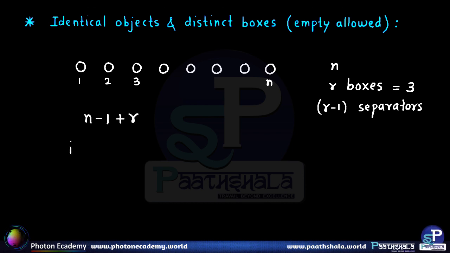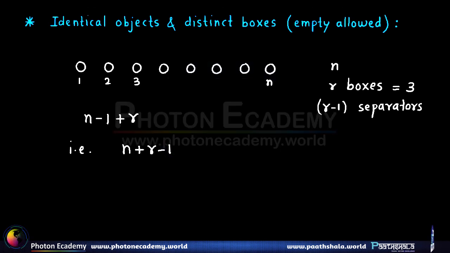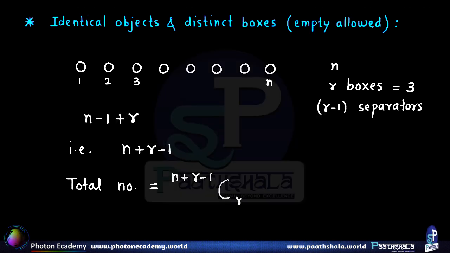So therefore in total we can write it is n plus r minus 1 positions available. Now from these positions we have to select any r minus 1 positions. So therefore now the total number of ways of distributing the objects is nothing but n plus r minus 1 c r minus 1.